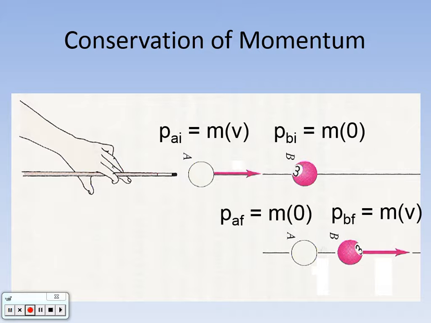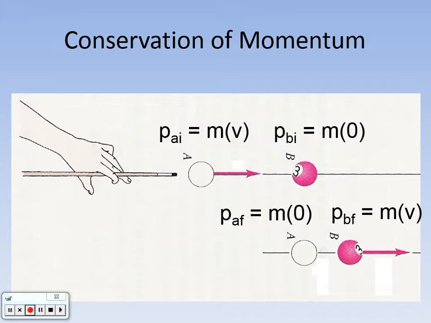Why? What's true about the two cars? Mass is the same, right? Okay. This silver bar has approximately the same mass as the cart itself. Okay?